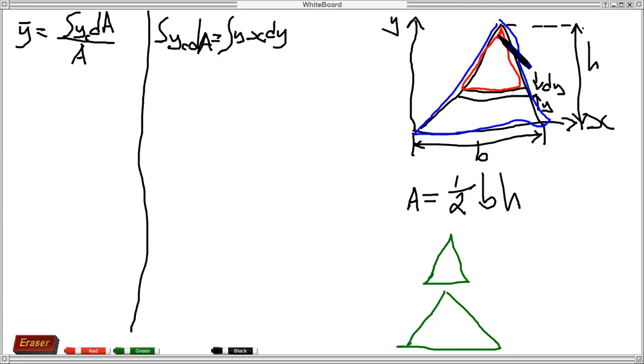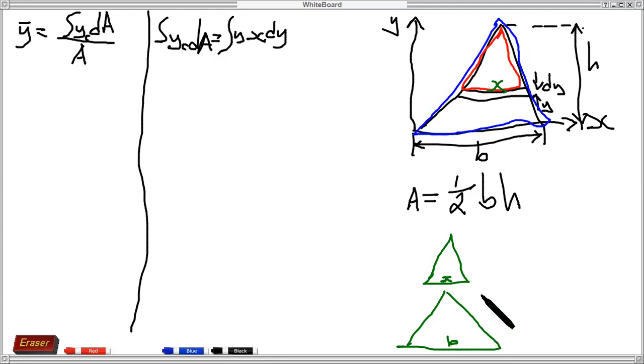So you can use the properties of those two triangles to estimate x, because you are given that the base of the small triangle is x, while the base of the big triangle is b.